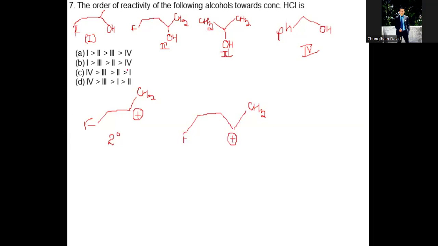Sorry, this must be fluorine, okay, not iodine. This is from structure number 1, and this is from structure number 2. Still you have a secondary carbocation.